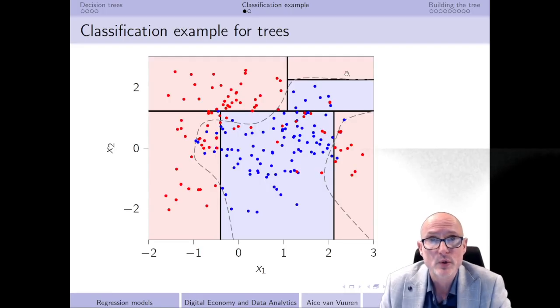If we're now going to look at this particular picture, then we do already see that we don't do such a bad job, because this blue area that we have over here already more or less matches this decision boundary that we have over here.